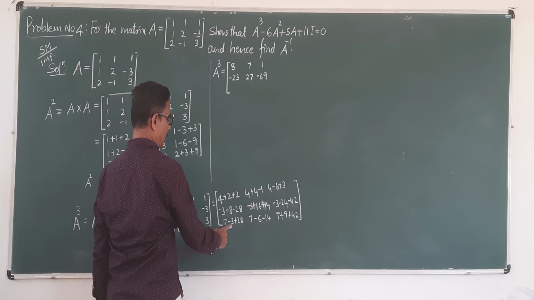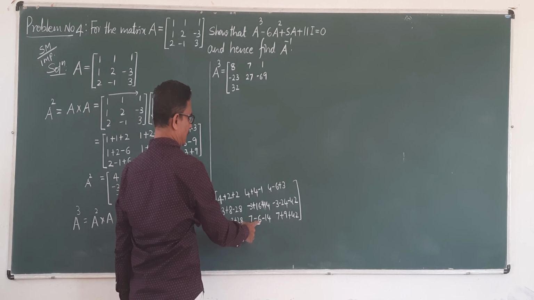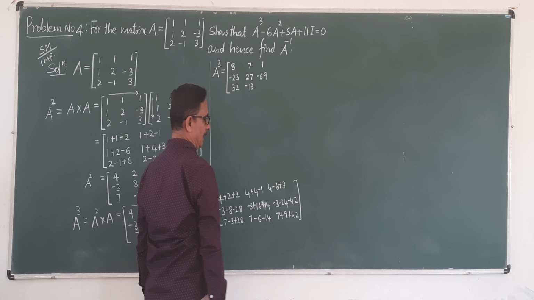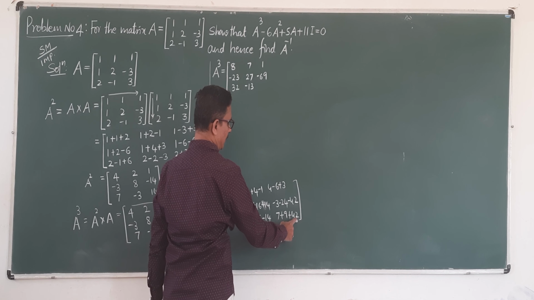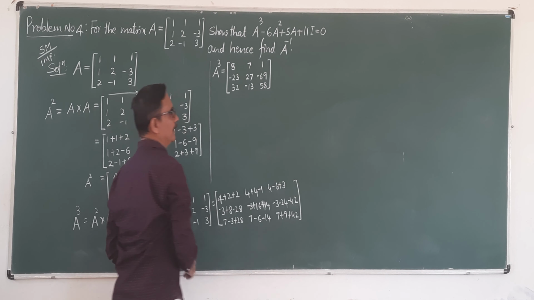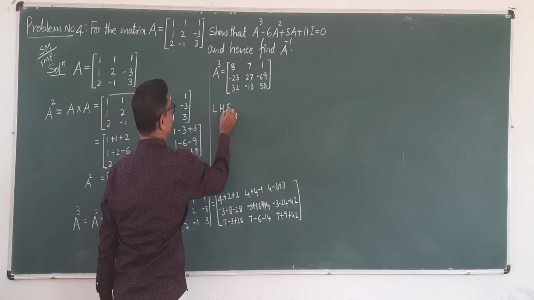Okay. 7 minus 3 is 4, 4 plus 28 is 32, 7 minus 6 is 1, 1 minus 14 is minus 13, 7 plus 9 is 16, 16 add 42 is 58. This is A cube.